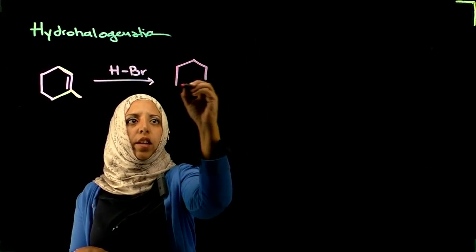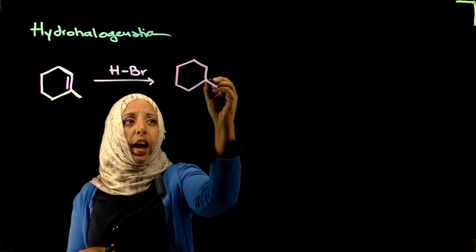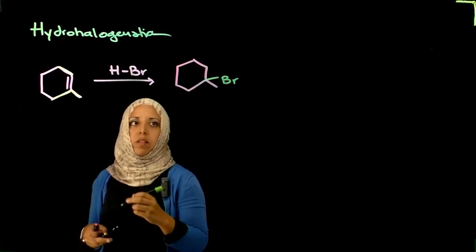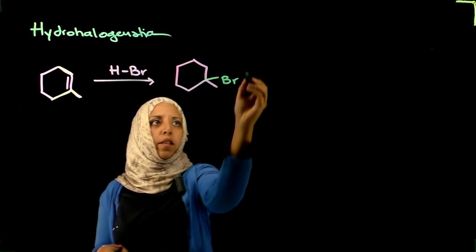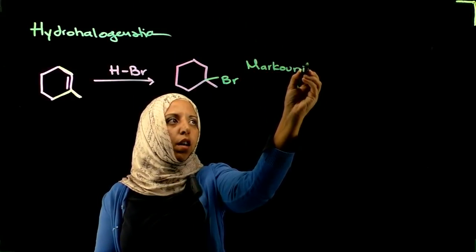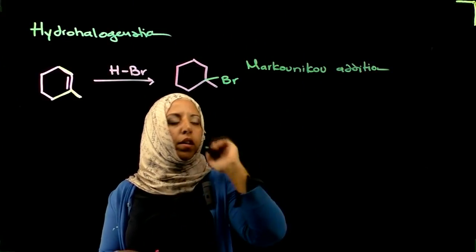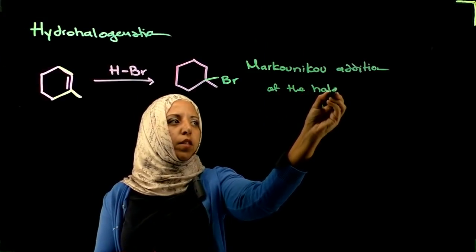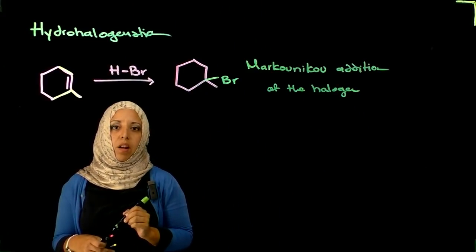So in hydrohalogenation, the bromine or the halogen adds to the more substituted position of the carbon-carbon double bond, and we call that a Markovnikov addition, right? But I'll say a Markovnikov addition of the halogen. It's the halogen that is being added to the more substituted position of the carbon-carbon double bond.